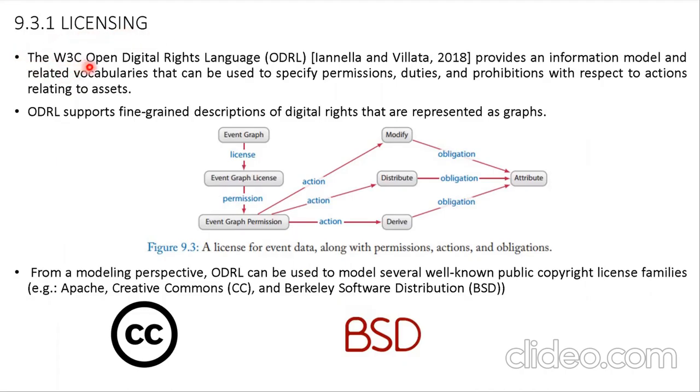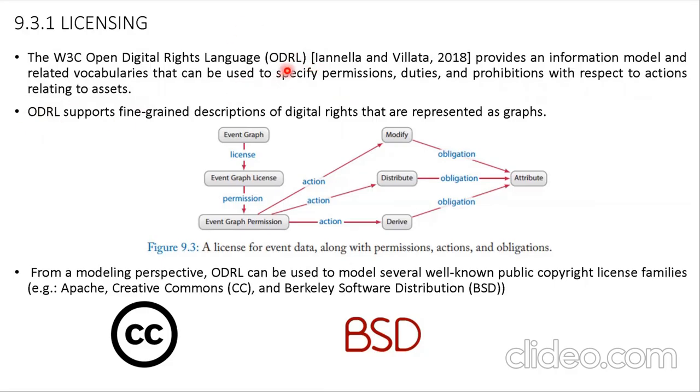The W3C's Open Digital Rights Language, which was proposed by Iannella and Villata in 2018, provides an information model and related vocabularies that can be used to specify permissions, duties, and prohibitions with respect to actions relating to access.